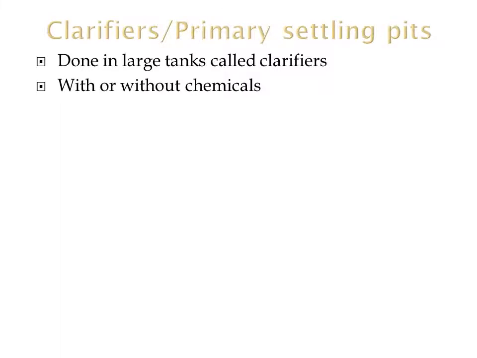If particles are of very small size, then chemicals bring these small particles together to form aggregates, which finally settle down at the bottom due to their large size and weight. In this way, chemicals assist the settling of solid materials, and the settled material here is termed as primary sludge.